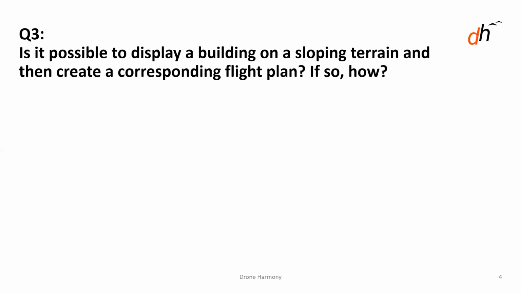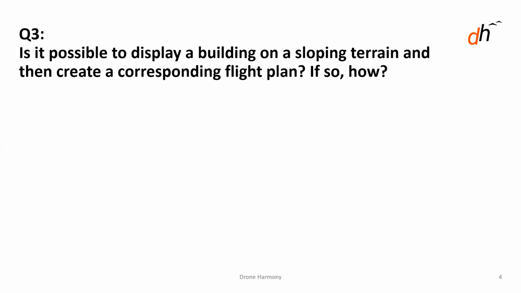Usually around the building you will not have too many different terrain levels, so you can use other polygons to outline the different height levels of the terrain around the building. This is a workflow that a lot of our users are using right now to incorporate terrain when inspecting a building.